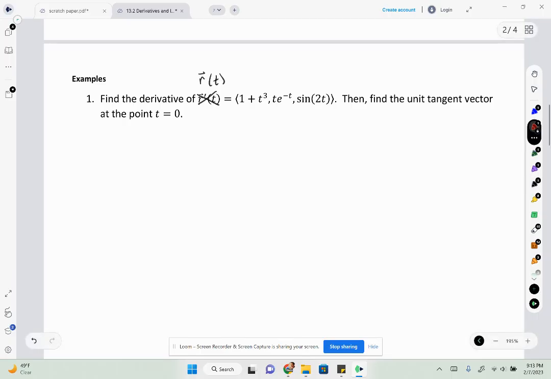So if I want to find my derivative, I'm going to need to take dr/dt, which that'll give me r prime of t. And it means that I need to send a d/dt through to each of the components.